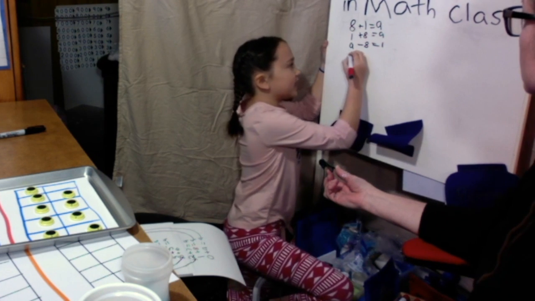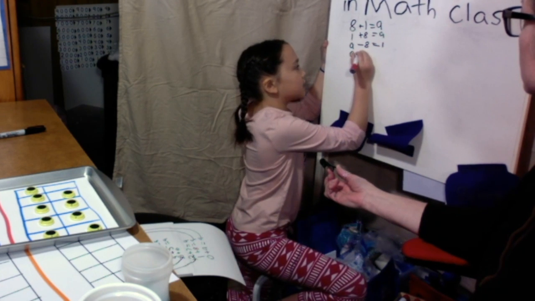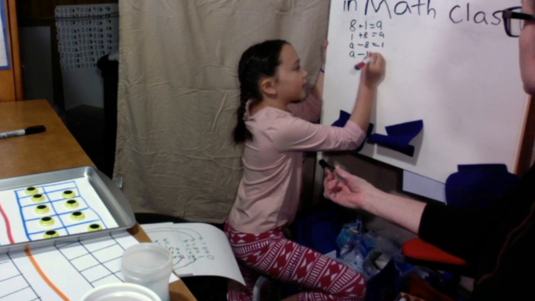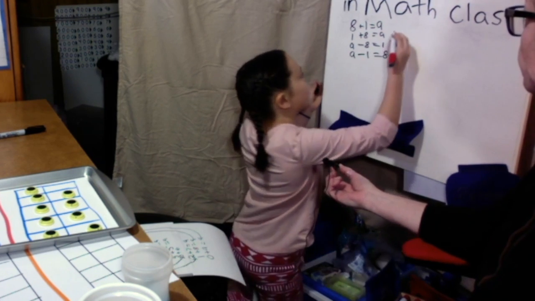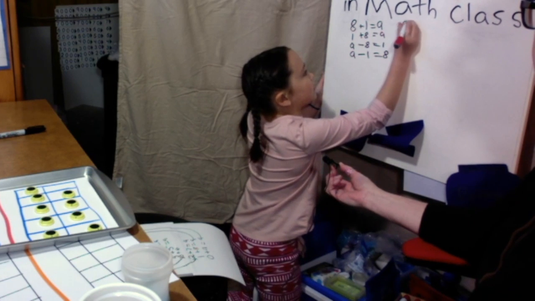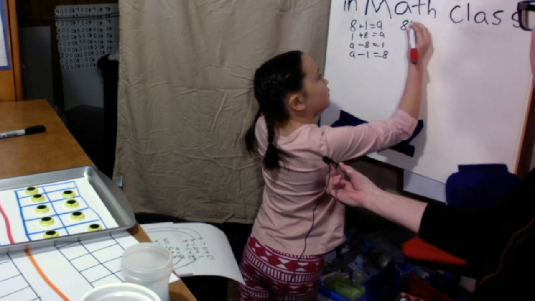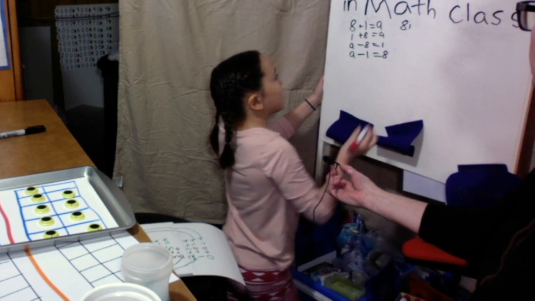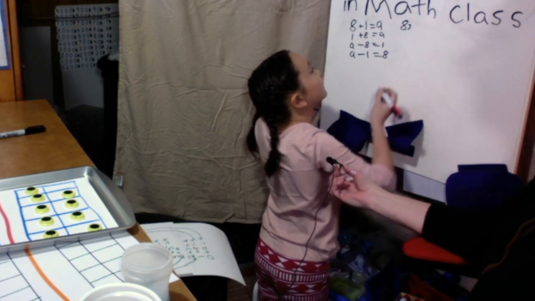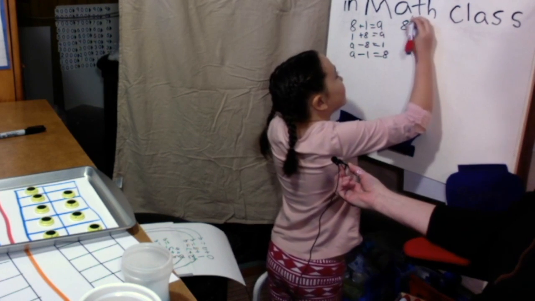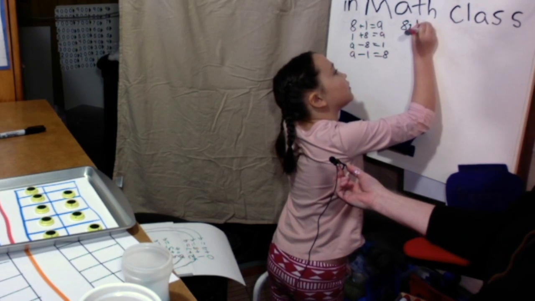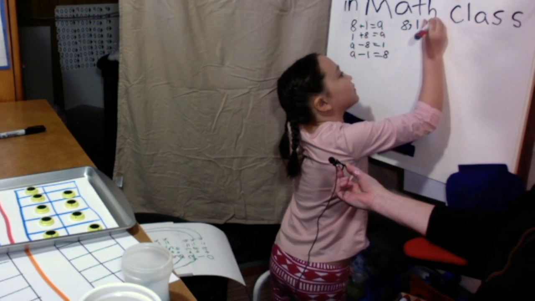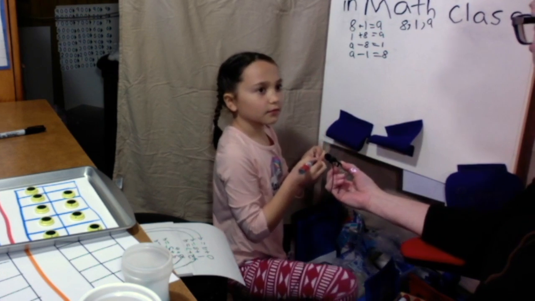And then if you take 9 and you take away 1, then you're going to get 8. So the only numbers that you're using are 8, 1, and 9.